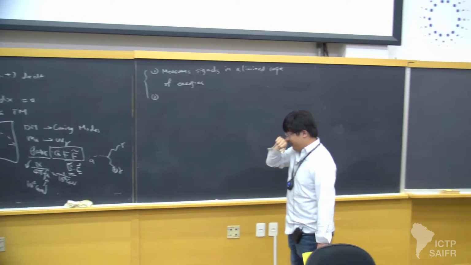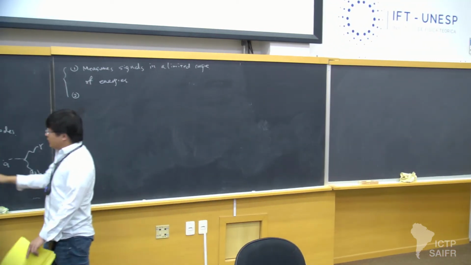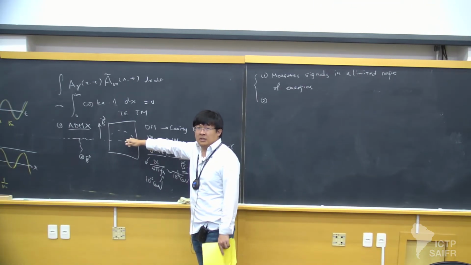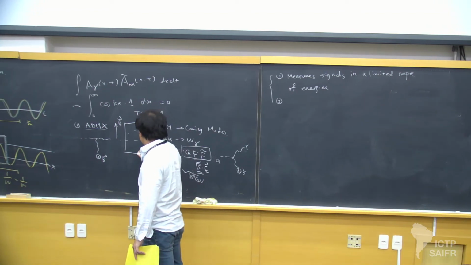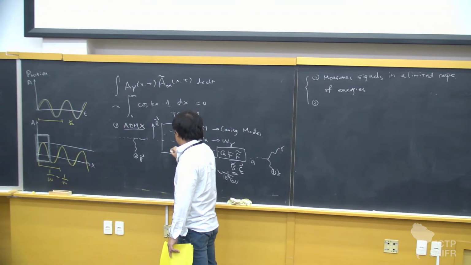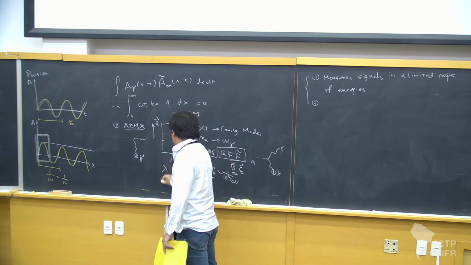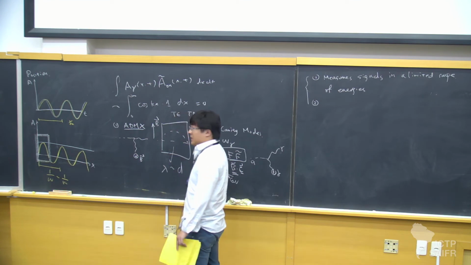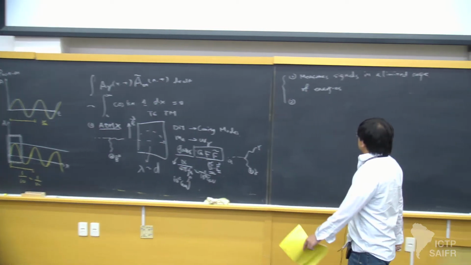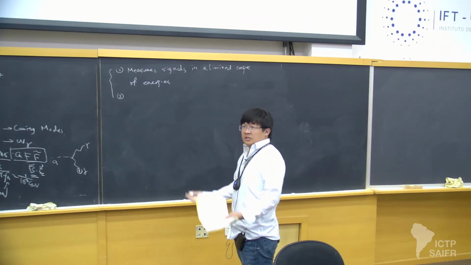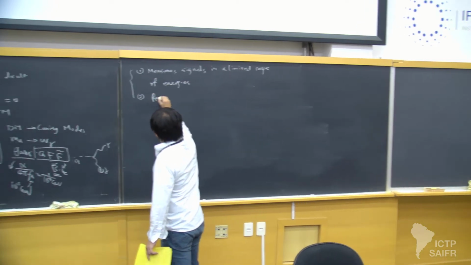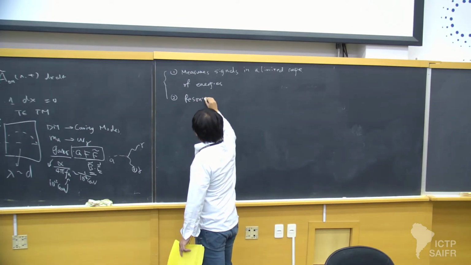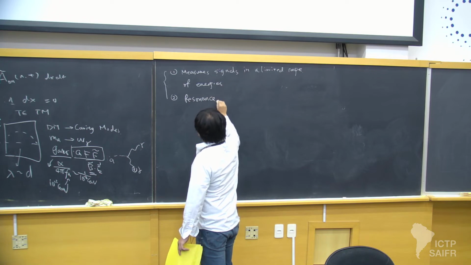So if I send an optical photon into the cavity, it doesn't do anything, right? It only allows you to be sensitive to something which has a wavelength comparable to the size of the object. Okay? And the second thing, which is a related concept, is resonance.